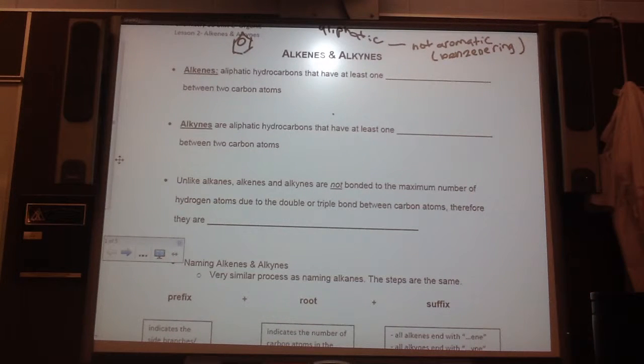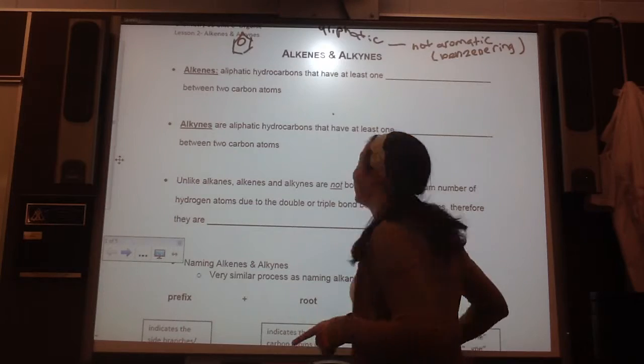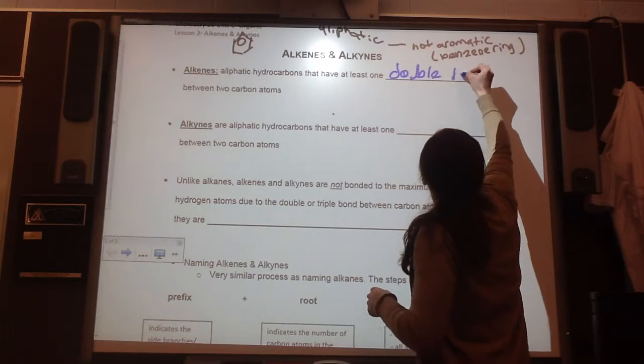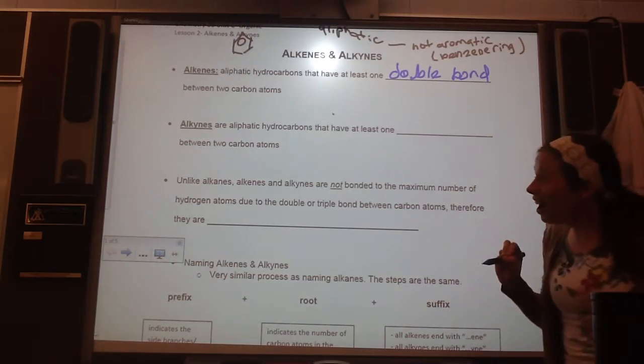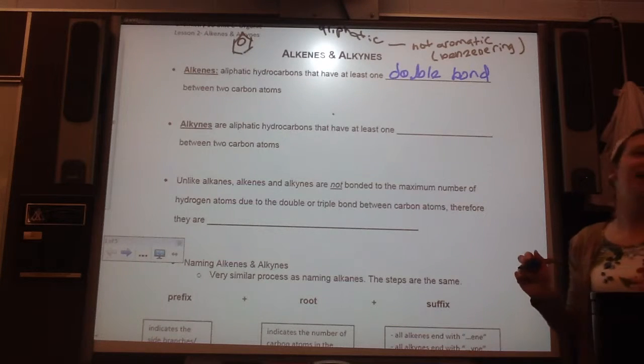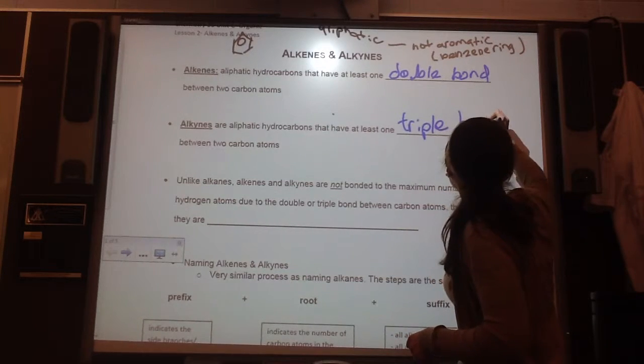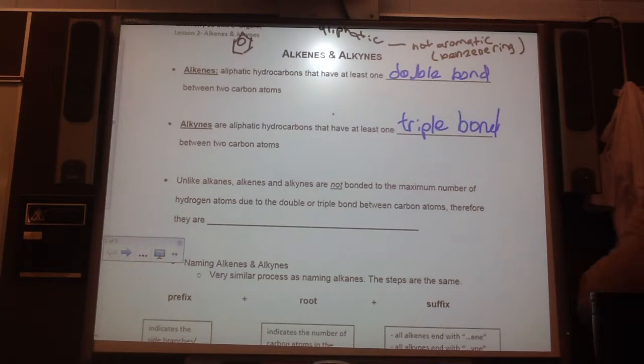Alkenes are aliphatic hydrocarbons that have at least one, what do you think? Double bond, yes. See, you can do Chem 30. Alkynes are aliphatic hydrocarbons that have at least one triple bond. Great, nailed it. Unlike alkanes, alkenes and alkynes are not bonded to a maximum number of hydrogen atoms.